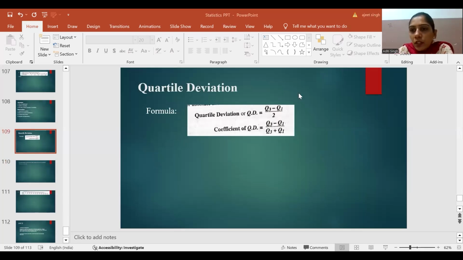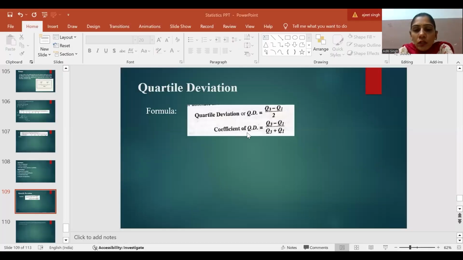This quartile deviation is an absolute measure, and the coefficient of quartile deviation is a relative measure. Now we will do the mathematical calculation. The formula is Q3 minus Q1 divided by 2, and for the coefficient, Q3 minus Q1 divided by Q3 plus Q1.